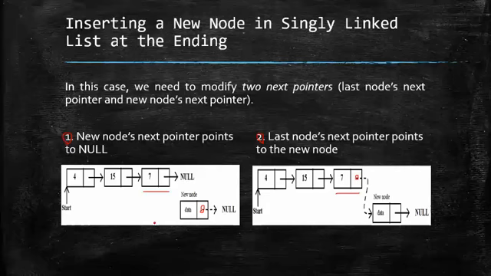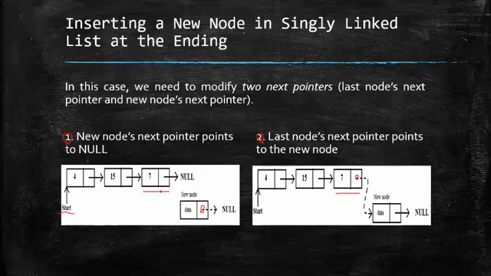So we have to write code in such a way that the program starts from the first node of the list and goes to the last node of the list and finds out that this is the last node, and you already know how to check whether this is the last node, which we have already seen in the list traversal.